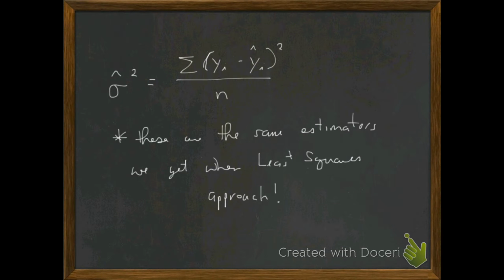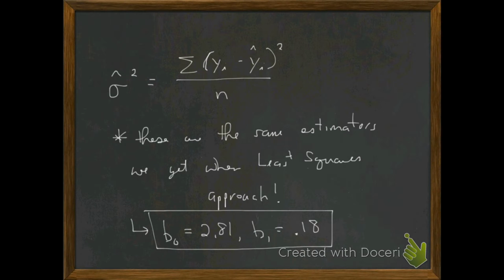It'd be kind of a wacky procedure if we did least squares and did MLEs and we got different answers. So, guys, by the time the smoke clears, for these numbers, beta 0 is 2.81 and the slope is 0.18. I got to admit, I cheated and did these in R, but that's what we get.